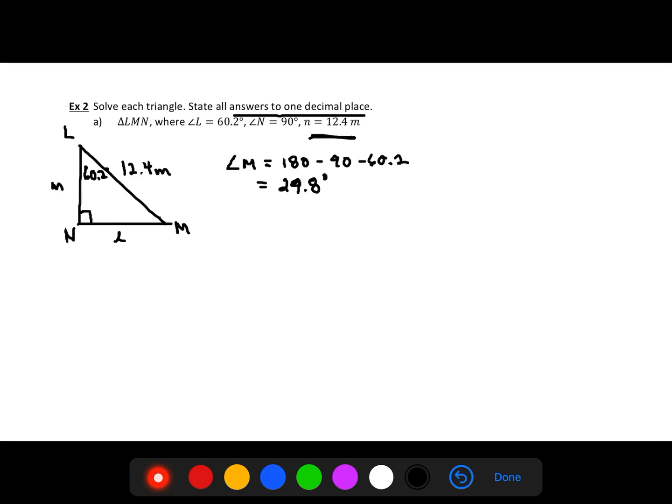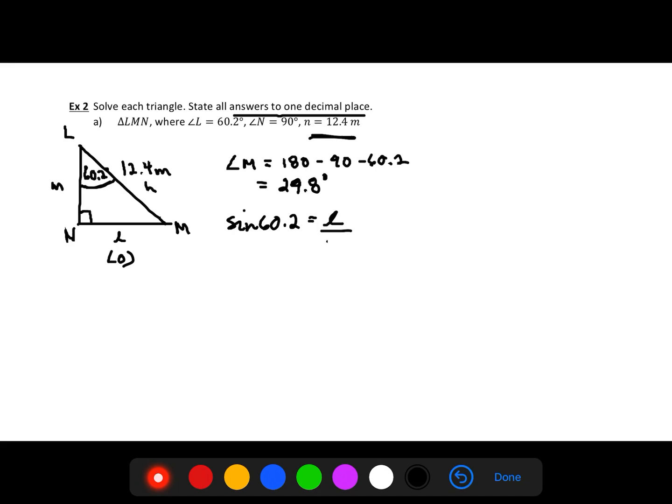We want to still find side M and side L. So let's start with side L. We always want to, when we can, use given information from our question, just in case we've made a mistake finding other things. So focusing, the given angle we have is angle L. If we want to find side L, that's going to be our opposite, and we have our hypotenuse here.